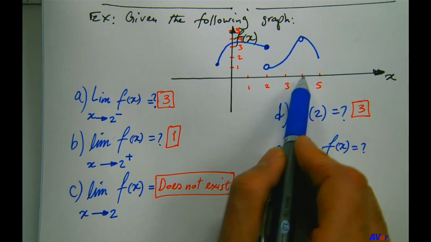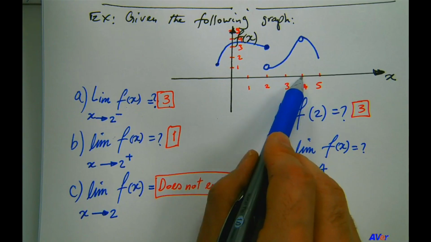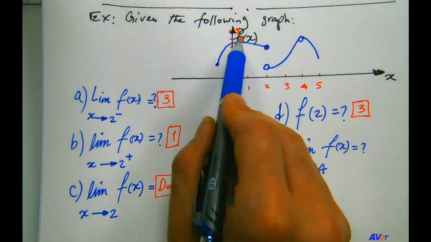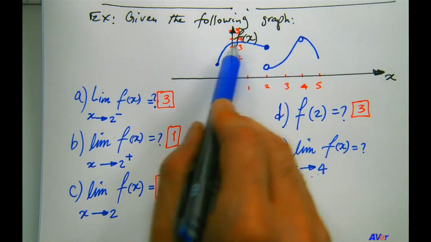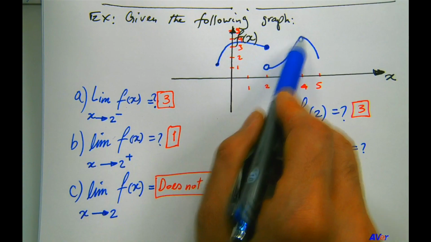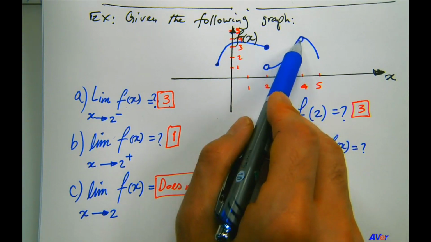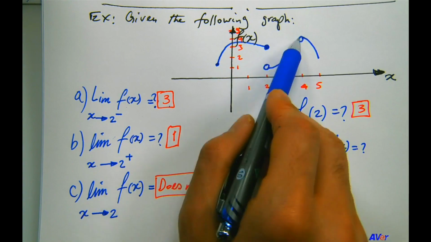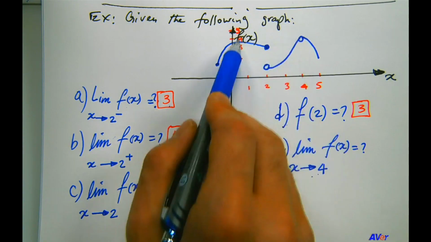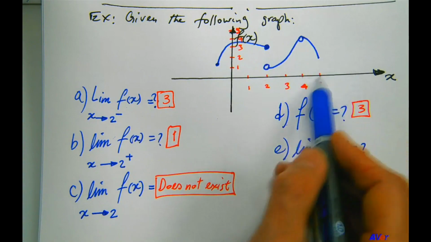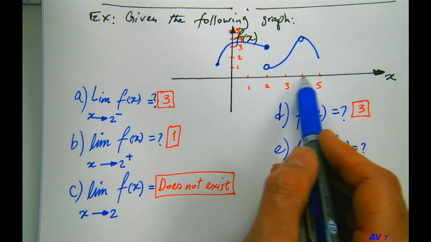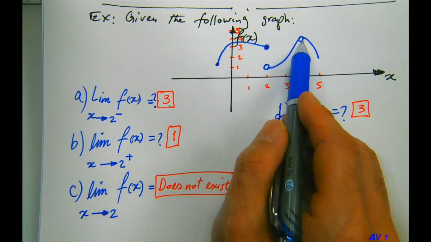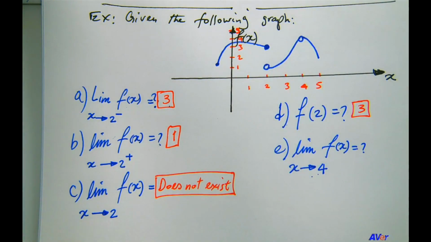So x equals 4 is right here. As we're approaching it from the left, the function value is 4. The function doesn't have a value at that point. There's a gap there, a hole there, but we certainly approach 4. From the right, as you approach 4 along the x-axis, the value of the function also approaches 4. So this would be 4.